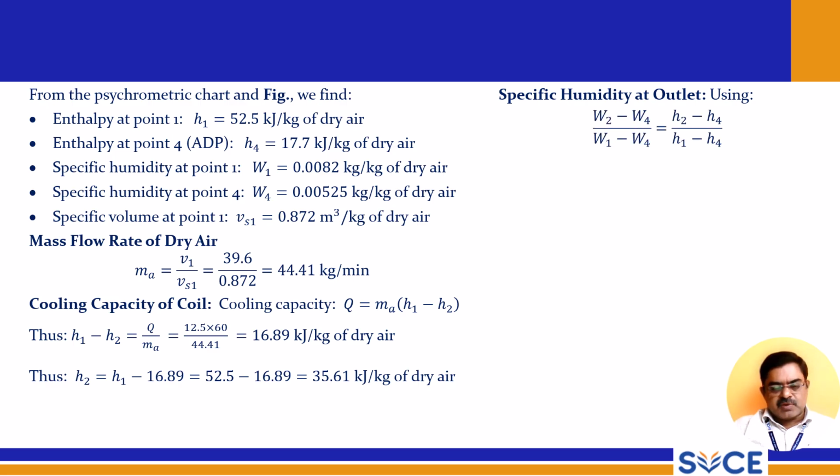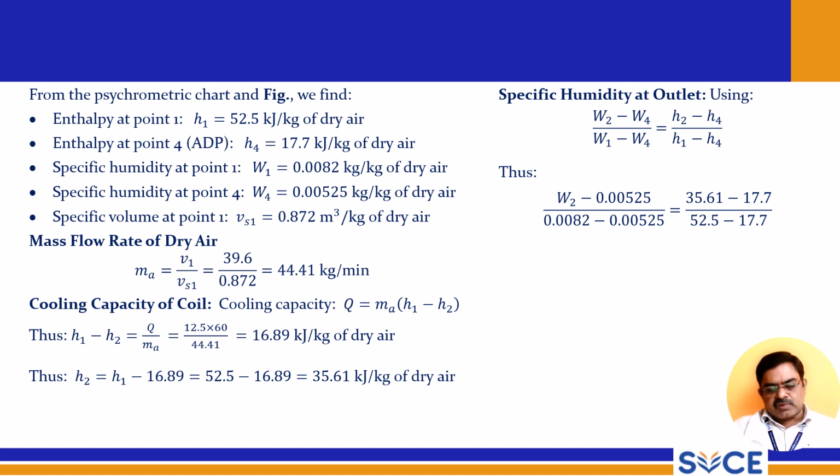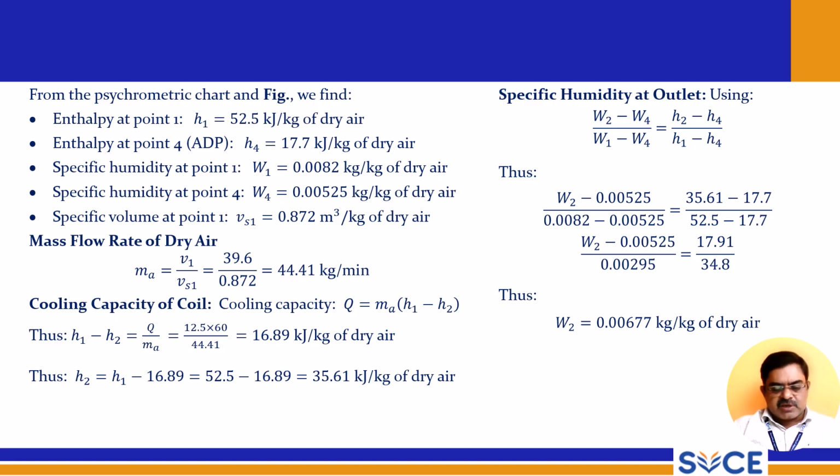So specific humidity at outlet using W2 minus W4 divided by W1 minus W4 equal to H2 minus H4 divided by H1 minus H4, and W2 can be found out. So that is equal to 0.00677 kg per kg of dry air.